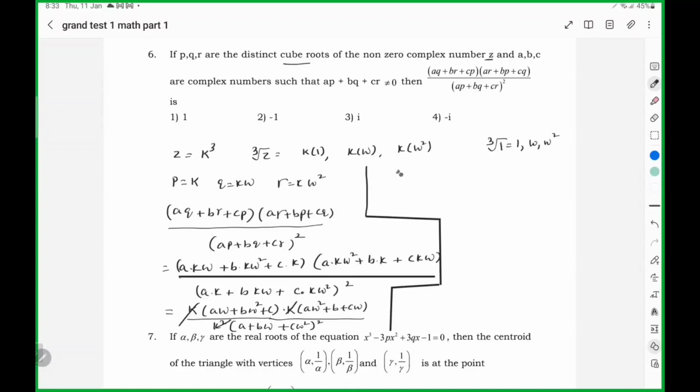Here it is: a plus b omega plus c omega square.